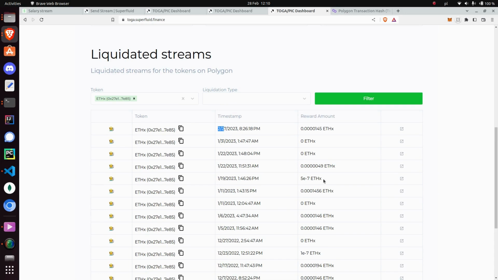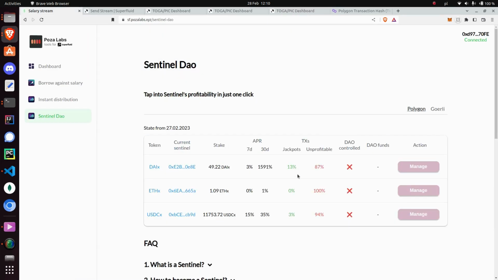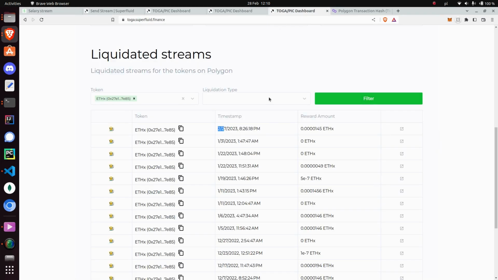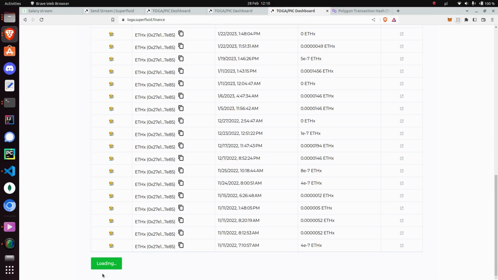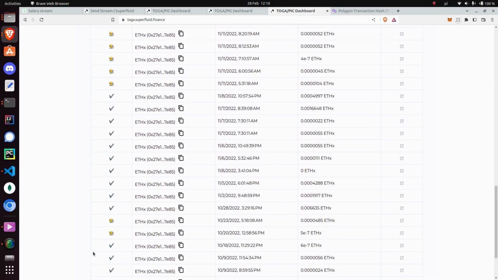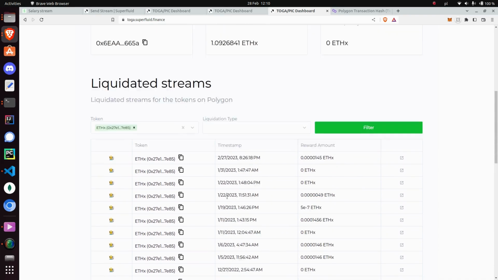So in this dashboard that we've created here, we only consider transactions that go back a month. For example, we wouldn't consider, I'm just trying to find a bigger one, for ETH that's actually maybe quite big, but this is so far back that we don't consider it on the dashboard.